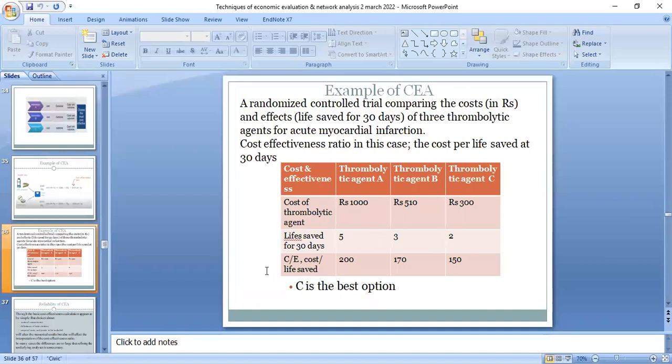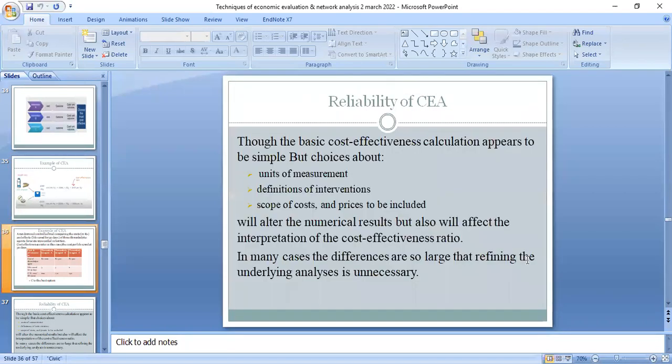If we calculate the cost effectiveness ratios, they are 200, 170, and 150 for the three thrombolytic agents. So the cost effectiveness ratio of thrombolytic agent C is least. So we will choose thrombolytic agent C.